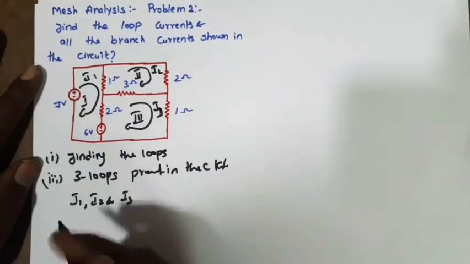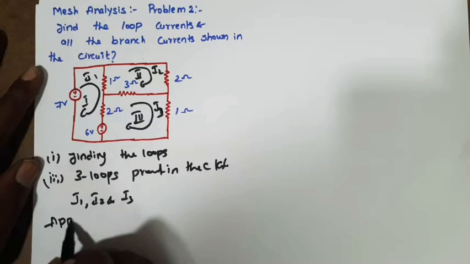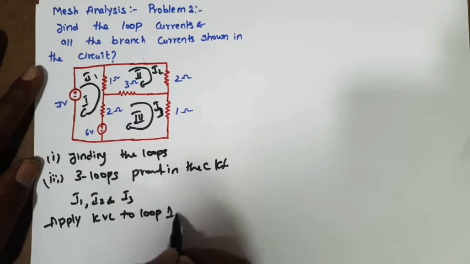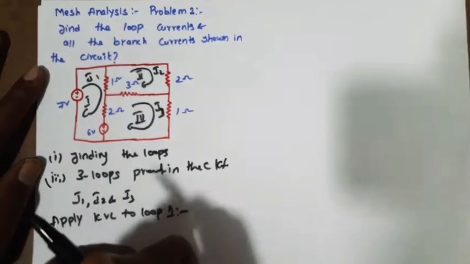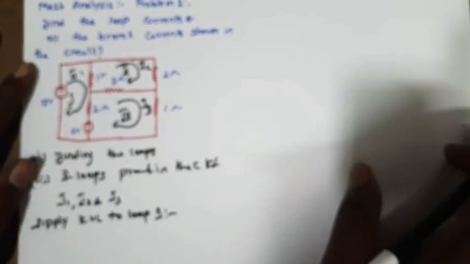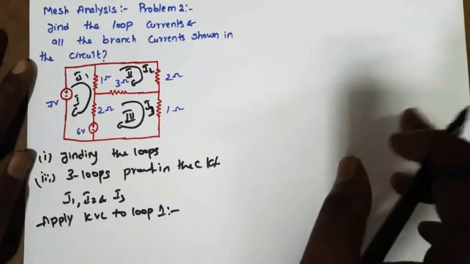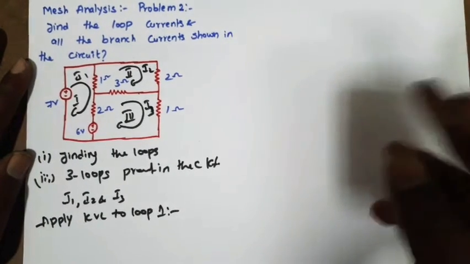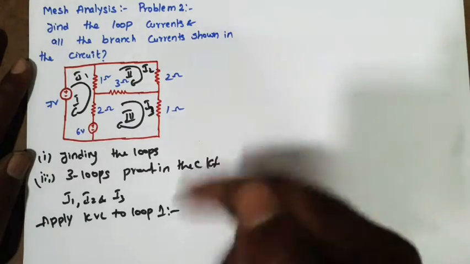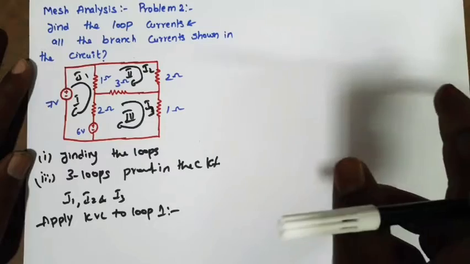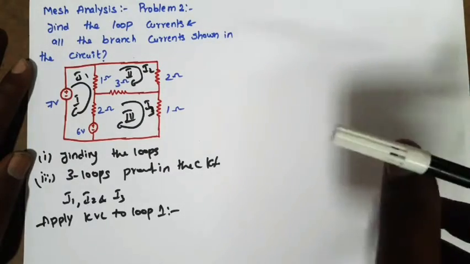Okay, now apply KVL to loop 1. As we discussed earlier, when the current enters the negative terminal and reaches the positive terminal, it is a voltage rise, so the resultant is positive. When the current enters the positive terminal and leaves the negative terminal, it is a voltage drop, and the resultant is negative.